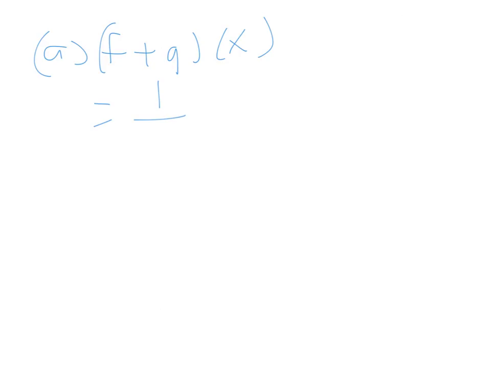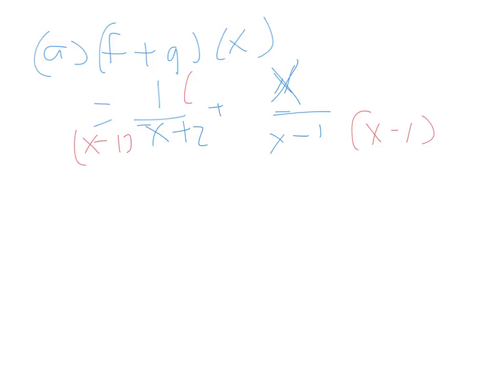Alright, for the first part, f plus g of x, that'd be 1 over x plus 2 plus x over x minus 1. So now, you want a common denominator, so that side would be multiplied by x minus 1 on top and bottom.